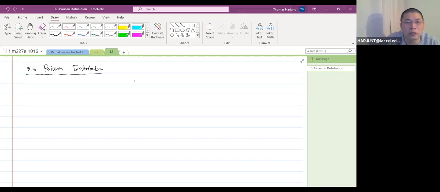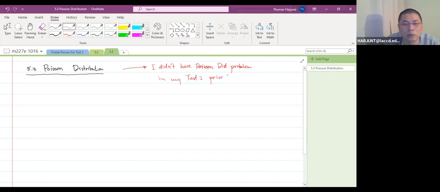Let me write this as a note. I did not have Poisson distribution problems in my tests prior to spring 2019.